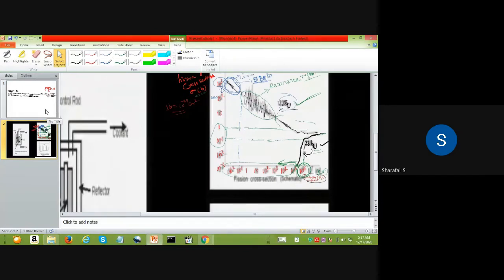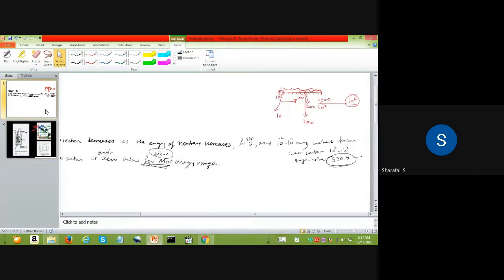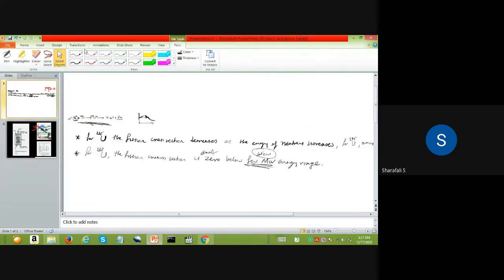Apart from the fission cross section, we have another important factor: the nucleus may absorb these neutrons but not undergo a fission reaction.